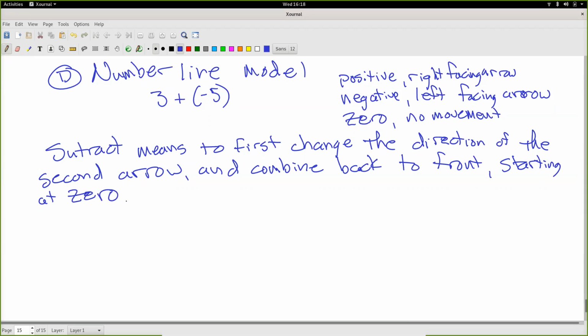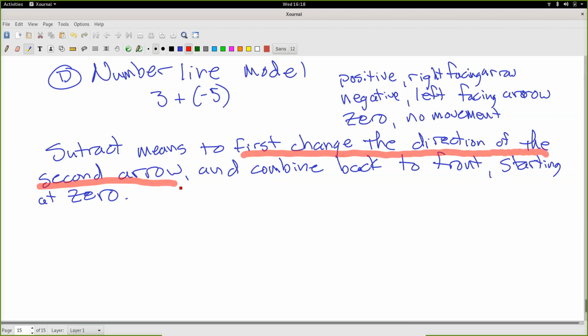So remember, for addition, we just combined back to front starting at 0, but now we're subtracting instead, so it's got to be a slightly different set of rules, and that first change, the direction of the second arrow, is how we interpret subtraction on a number line.